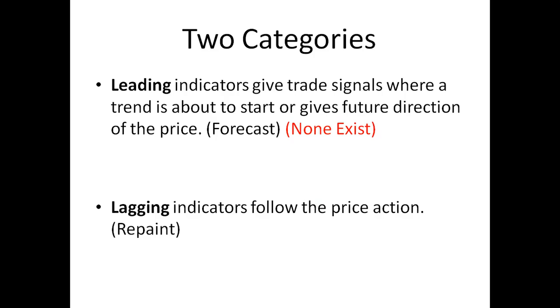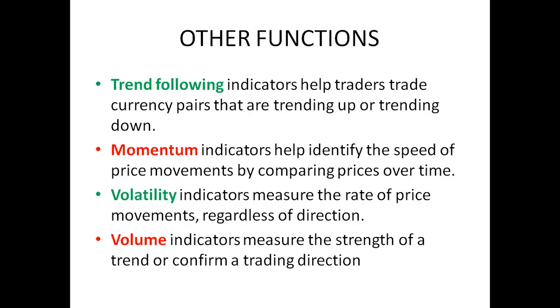So we have indicators that are supposed to give you accurate forecast, and then we have indicators that are not able to give you accurate forecast, but they do repainting, or they follow the price. After the price has done what it's supposed to do, then you see them adjusting themselves to that angle or to that direction. Is that okay? So these are the two main categories of indicators that we have.